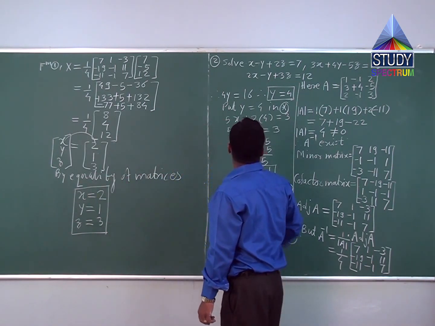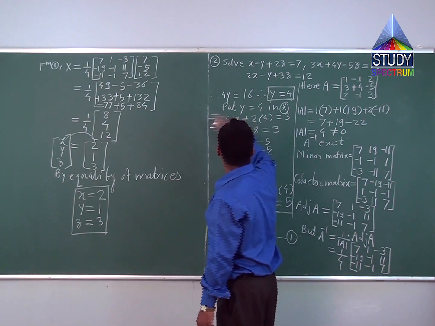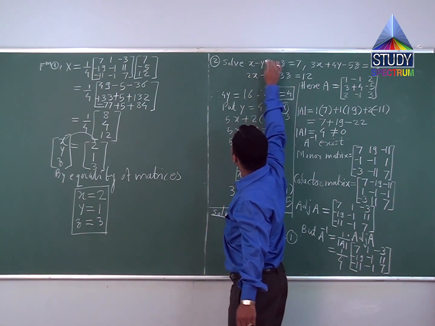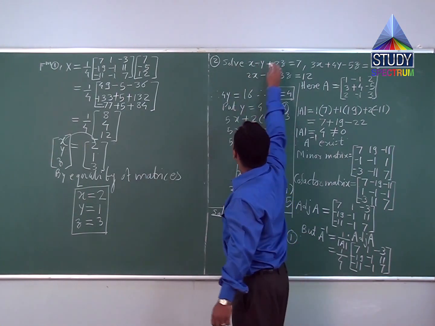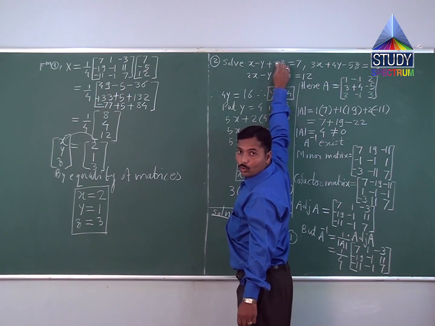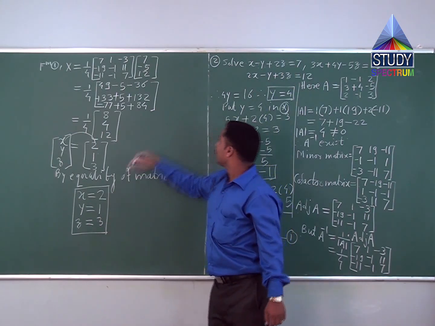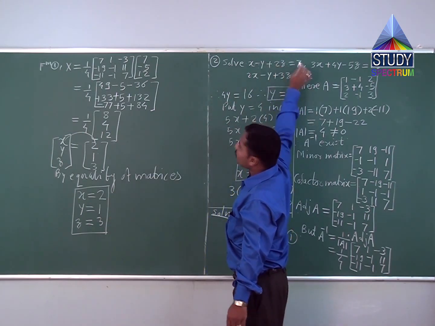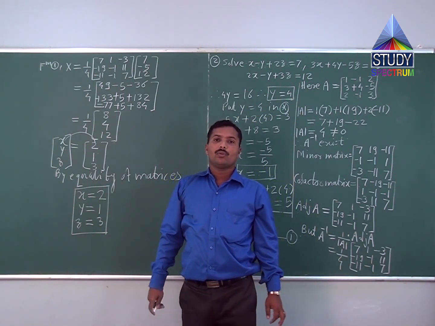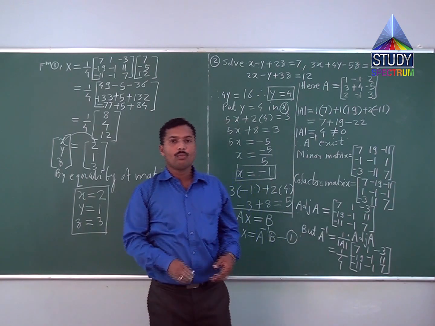You can check by using these solutions in any one equation. Suppose we put in this equation x equal to 2, minus y, 2 minus 1, 1, 1 plus 2 into z equal to 3, 3 into 2, 6, 6 plus 1, 7, so this answer is correct. Okay, so we discuss also more problems.